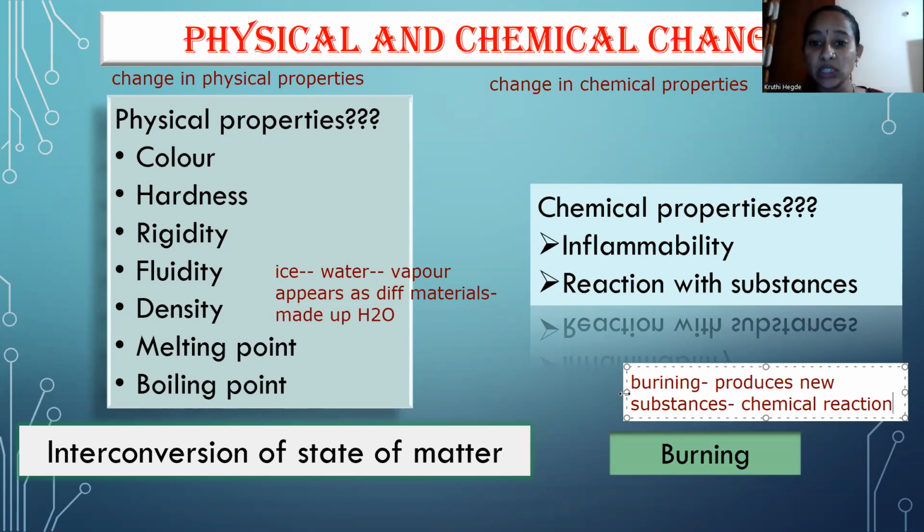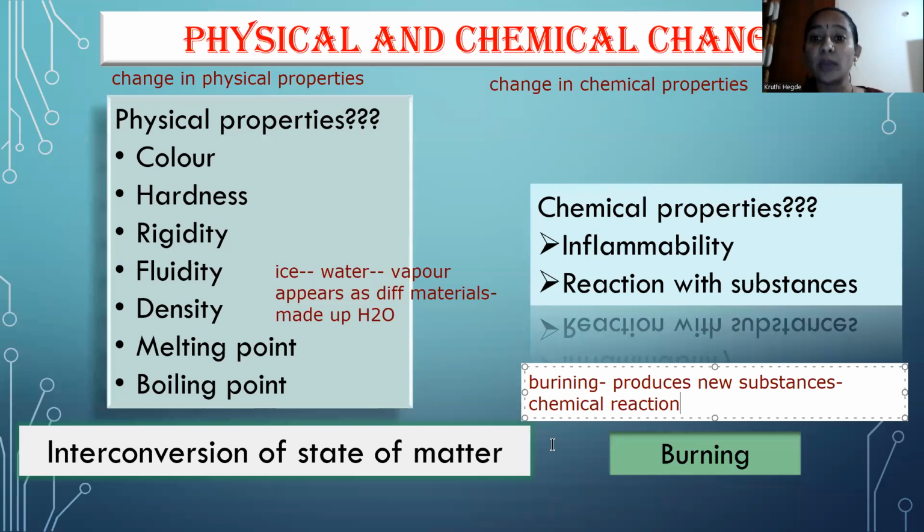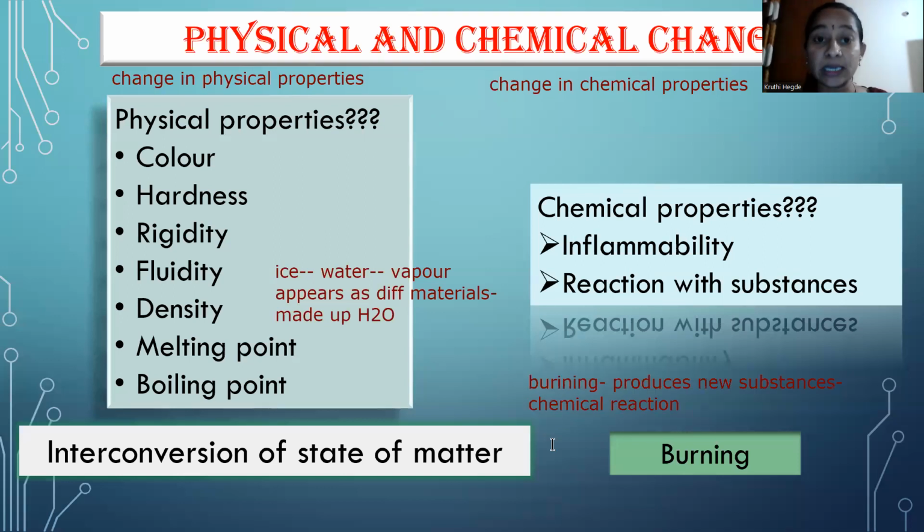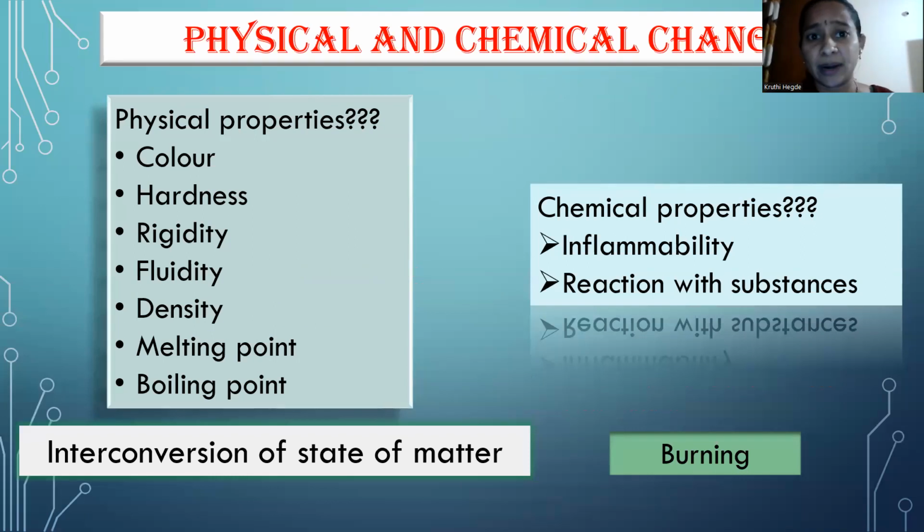So in a chemical change there is formation of a new substance, whereas in a physical change, no new substance gets formed. These are the main differences between physical and chemical change, which you have already studied in 7th standard. Now I'll show you some images. You should identify which is a physical and which is a chemical change. Going to the next slide.